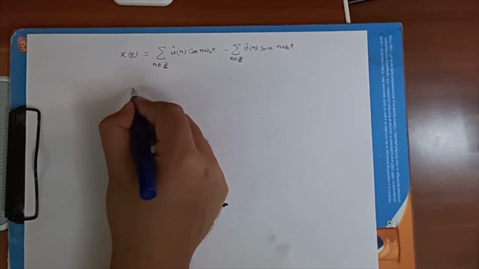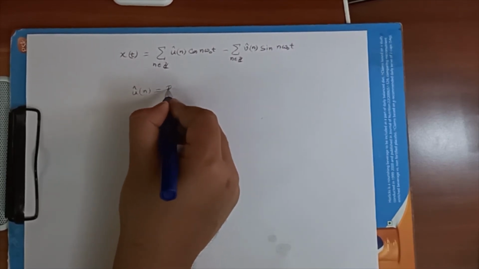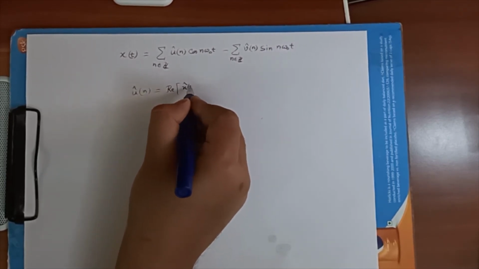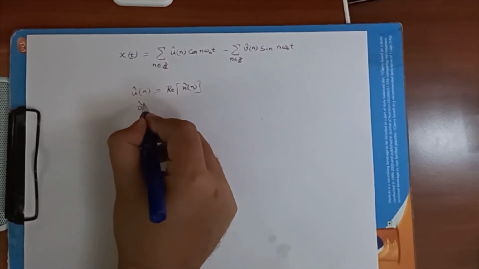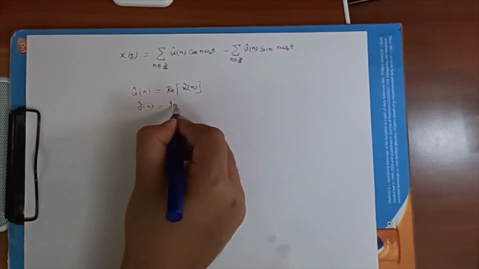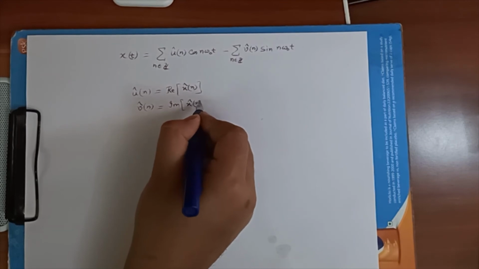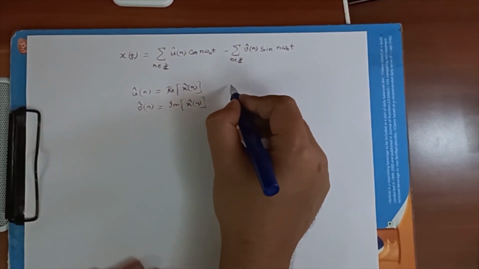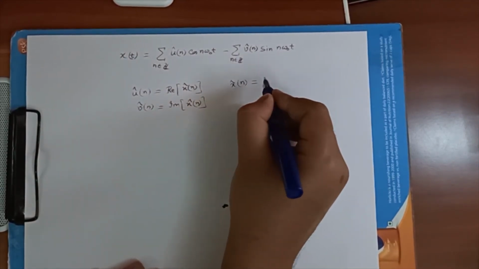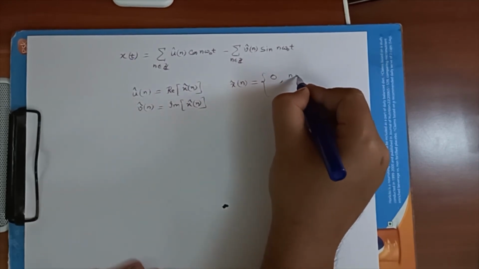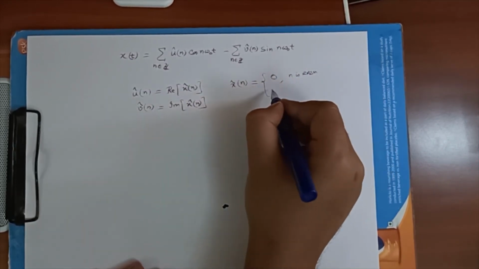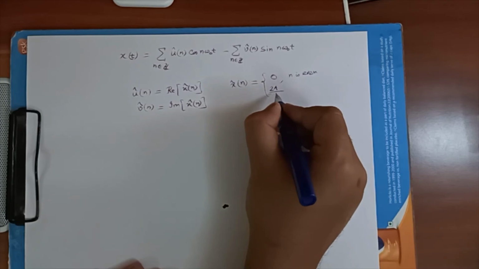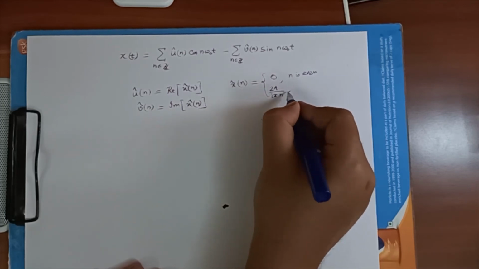Then your u hat n is basically the real part of x hat n, and v hat n is basically the imaginary part of x hat n. So in this particular case, what is x hat n? x hat n is 0 when n is even and 2a by i pi n when n is odd.